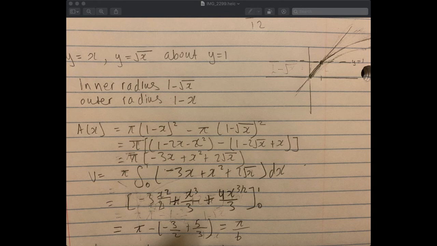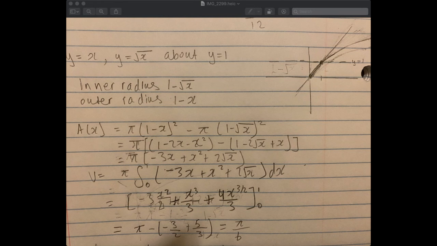Because you are given two functions, y equals x and y equals the square root of x, and those two functions enclose a region at 2 points. The points are x equals 0 and x equals 1. This is like the intersection.